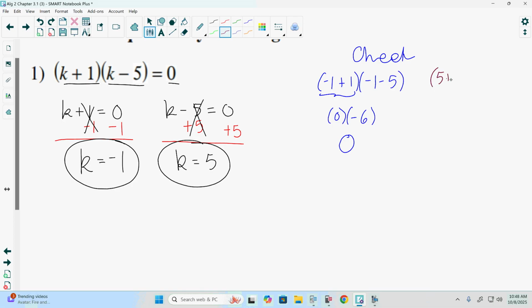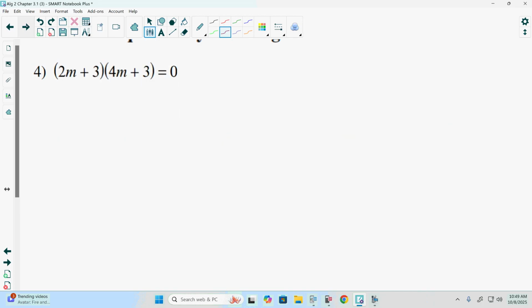We'd have 5 plus 1 times 5 minus 5. Well, 5 plus 1 is 6, 5 minus 5 is 0, and 6 times 0 is indeed 0. So it gave us two values of k that would make this equation be 0, because if we have two or more things multiplied together to equal 0, one of them has to be 0. That's just what the zero product property tells us.